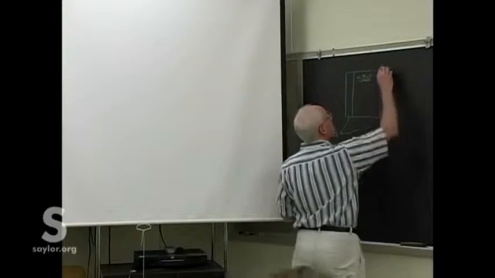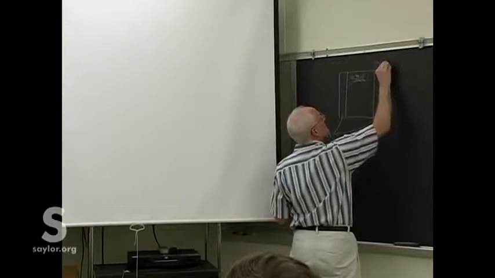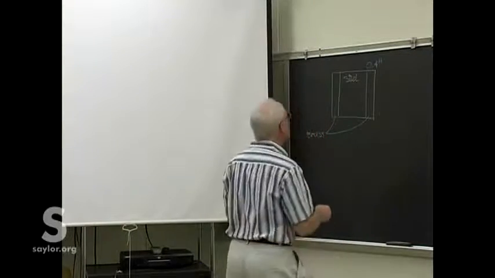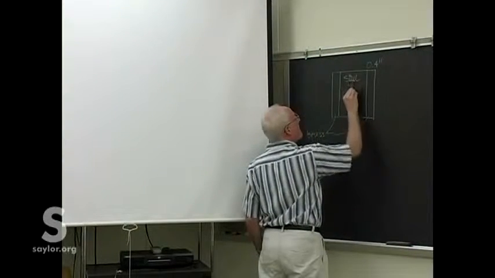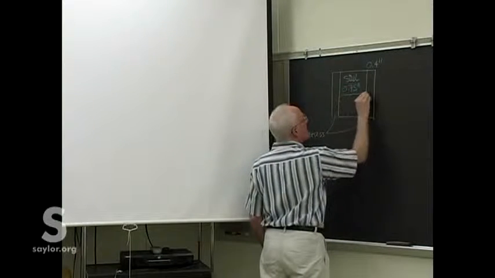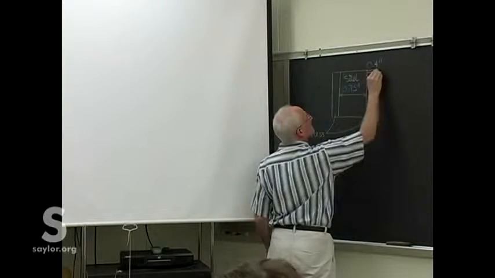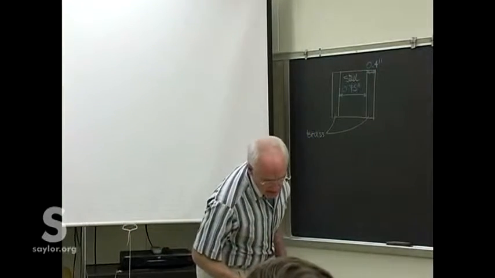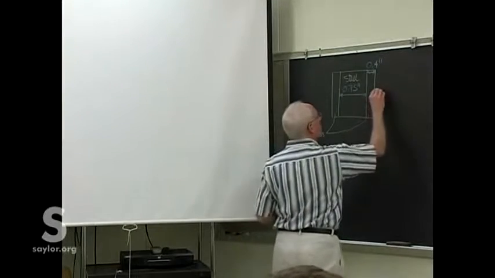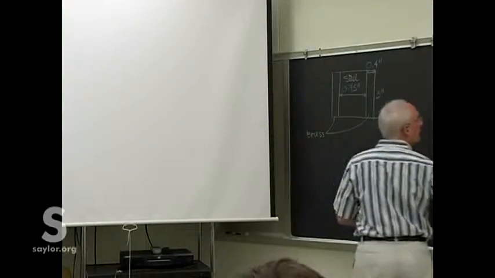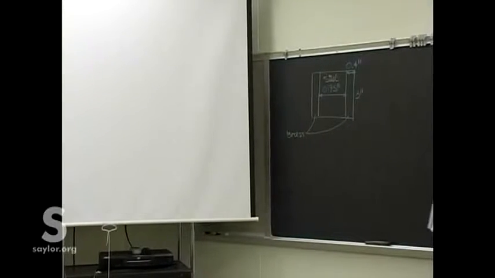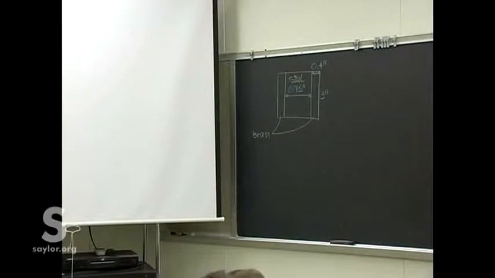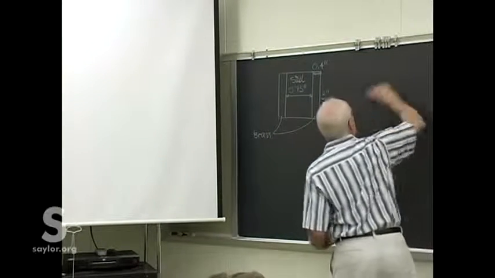So the brass is 0.4 inches thick, the steel 0.75. Symmetric, the other brass piece is the same, and all of 3 inches high. All right.